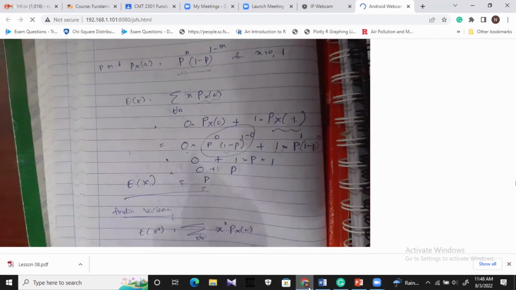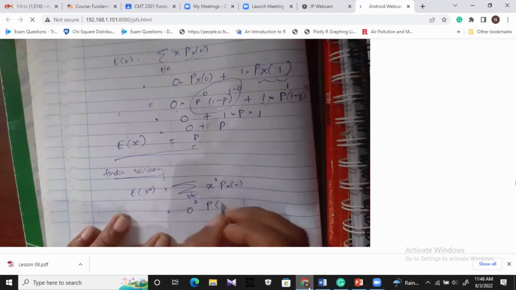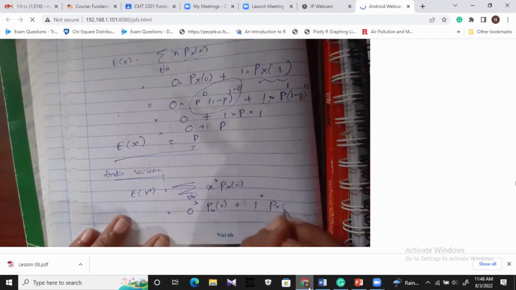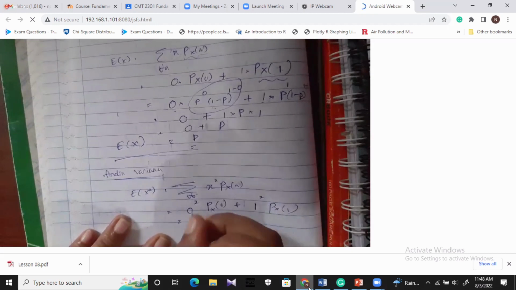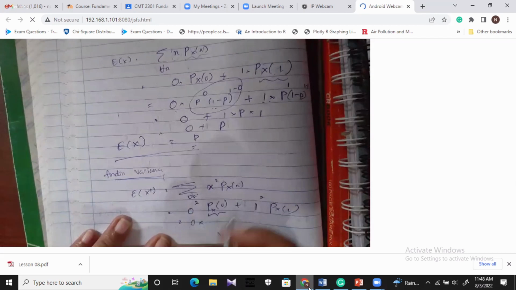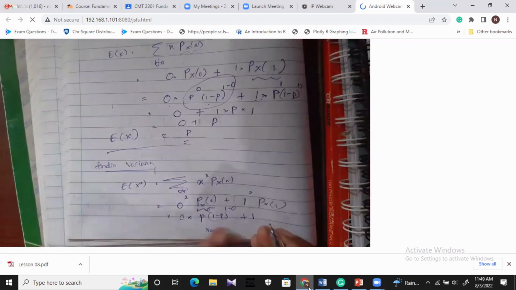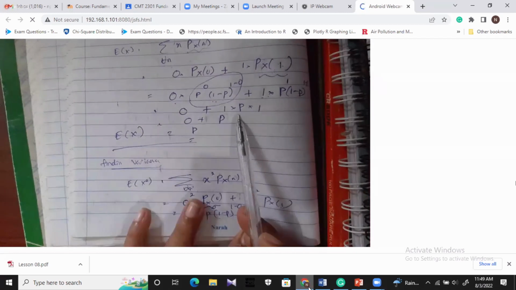First substitute x equals 0: 0 squared p(0) plus 1 squared p(1). That means substitute x equals 1. Now 0 squared means 0 times p(0). Here we have found it: p to the power 0, 1 minus p, 1 to the power 1 minus 0, plus 1 times again p(1). p(1) is found as p.